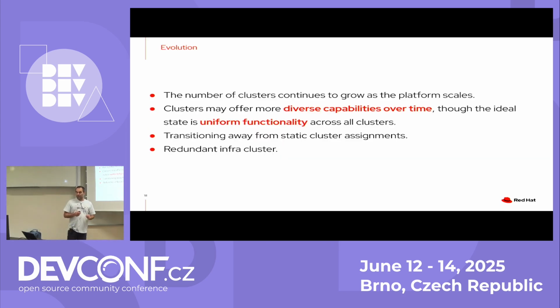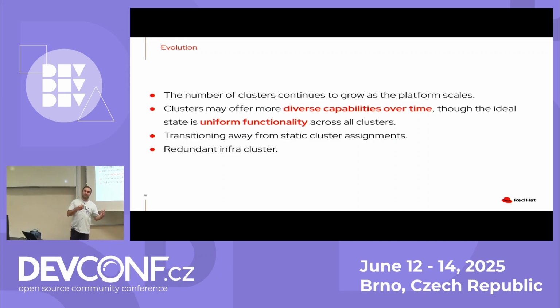Short slide about evolution. Naturally, the number of clusters will continue to grow as the platform scales. We see this as a natural thing, and it will happen in the future. Clusters may offer more diverse capabilities over time.